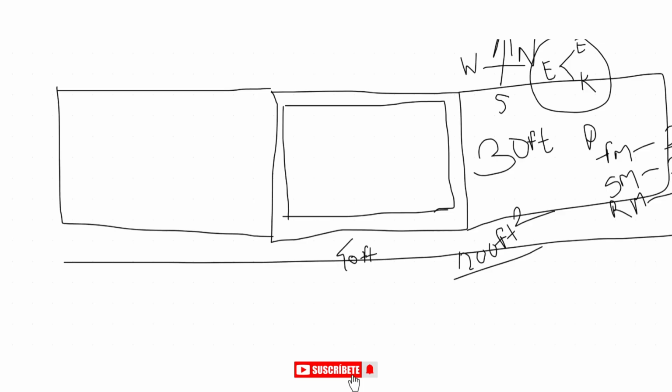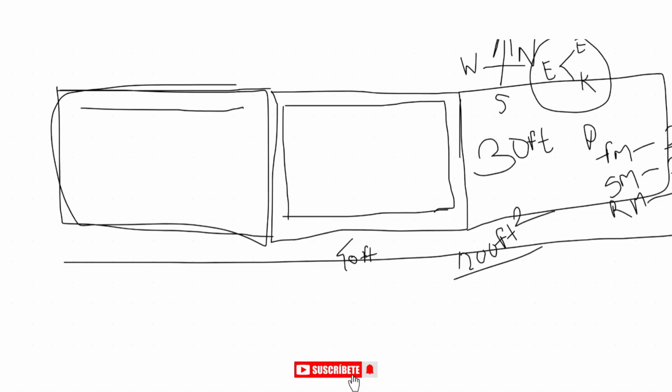This is from the point of view of ventilation, because if the plotting is done in pieces, a number of plots are available in a linear direction. In that manner, what will happen if the owner of the plot on the left side is going to construct a building in a face to face manner? He is not going to leave any margin there, because he wants to utilize all the plot area.